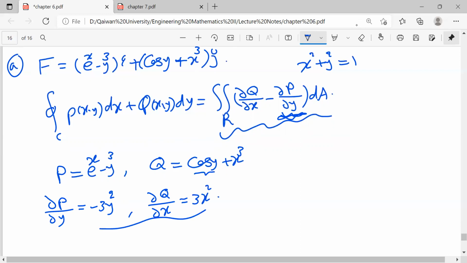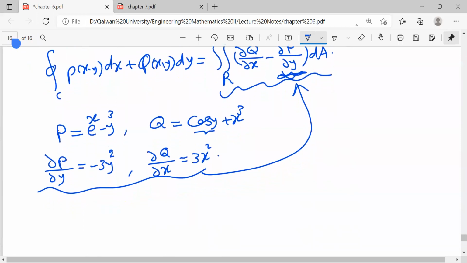We now plug these two into the double integral of R for partial Q by partial x minus partial P by partial y dA.